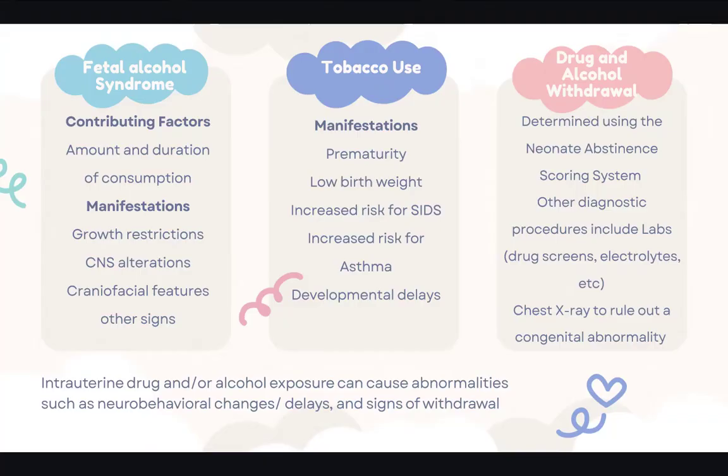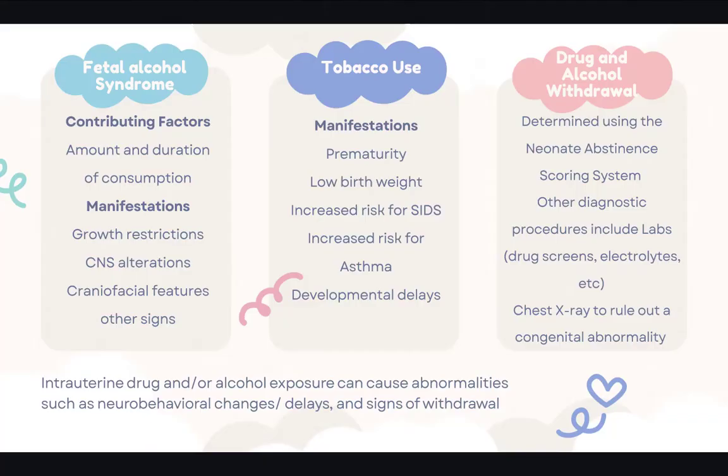For tobacco use, usage of tobacco in utero is going to increase risk for prematurity, low birth weight, SIDS. SIDS is not a complication that I've put in this lecture, but you guys will get a full lecture about SIDS because that one is going to be very, very important on its own, if that makes sense.